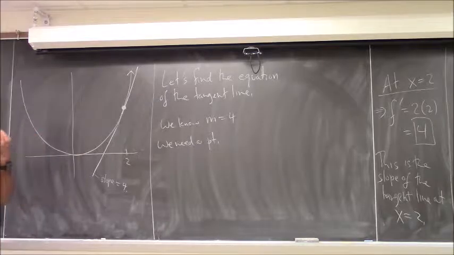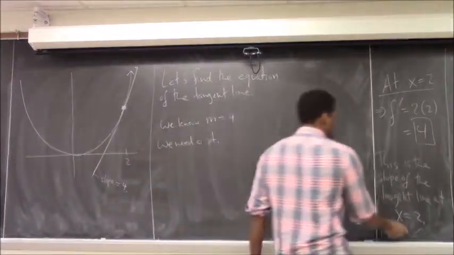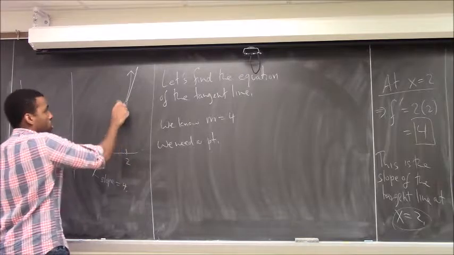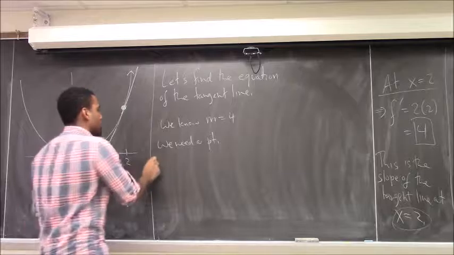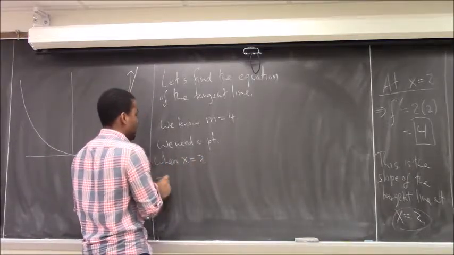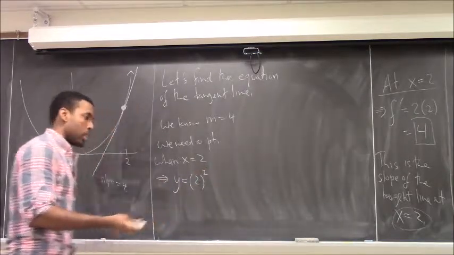You look at the graph. Okay, and how do you determine the point here? You just plug into it. Plug in 2, right? We care about the point where x equals 2. At that point, x equals 2, we're on the function at some point, and that's the same point that the line is going to go through. So when x equals 2, your y value is going to be 2 squared, because the function is x squared.